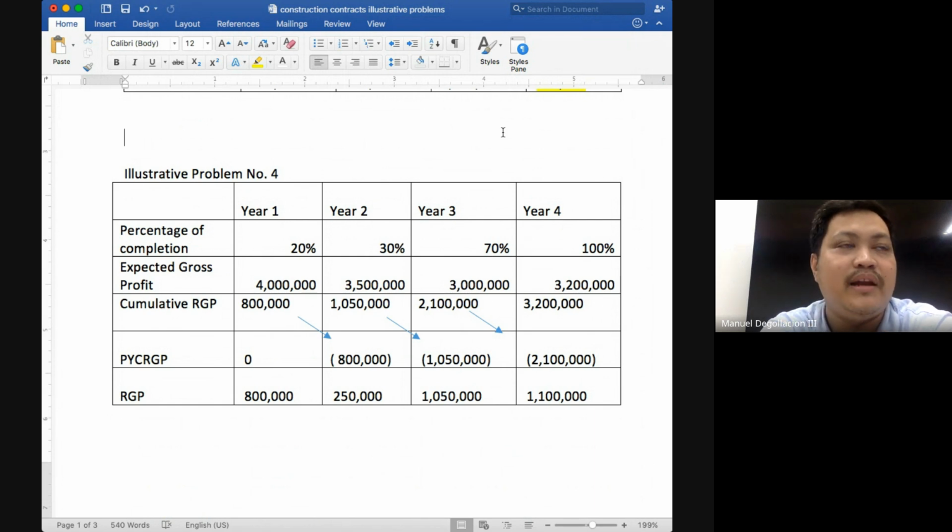And many students would not have the presence of mind that all they really have to do if you're asked for year 3 is to solve for year 2, just to get the cumulative RGP for year 2. Some would not know what to do if the question is on a subsequent period without going through year 1, year 2.